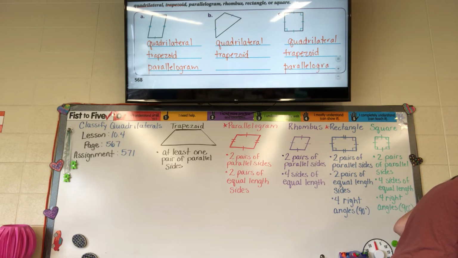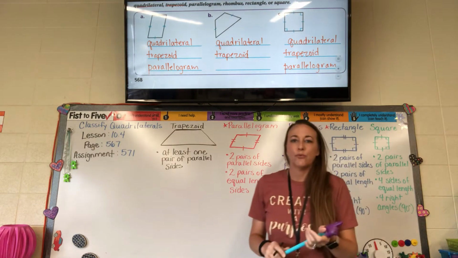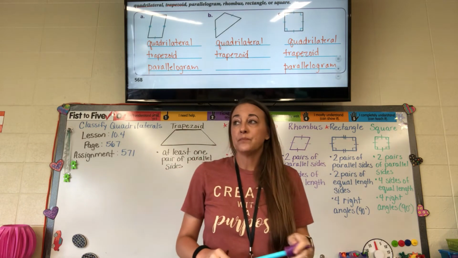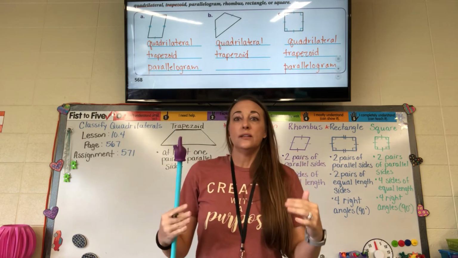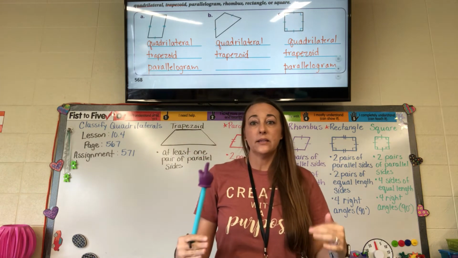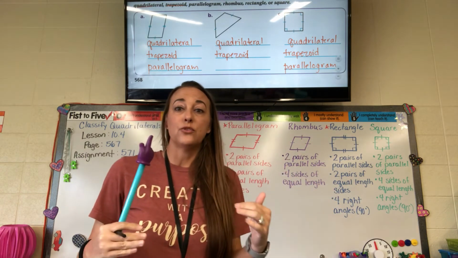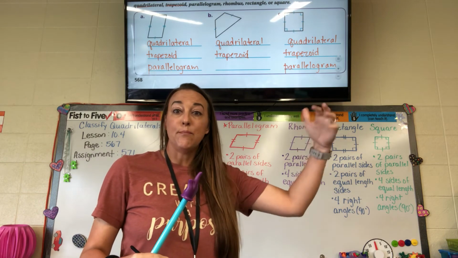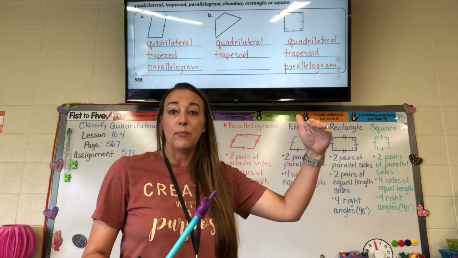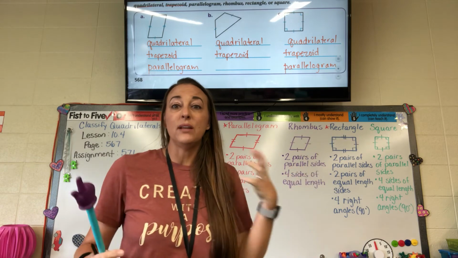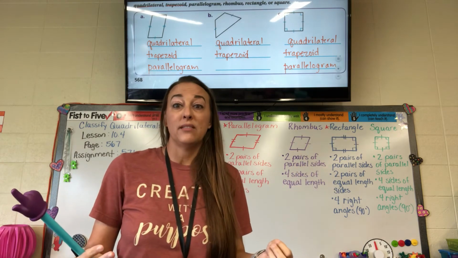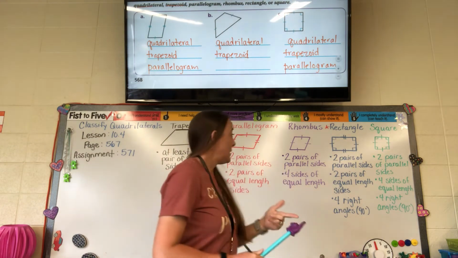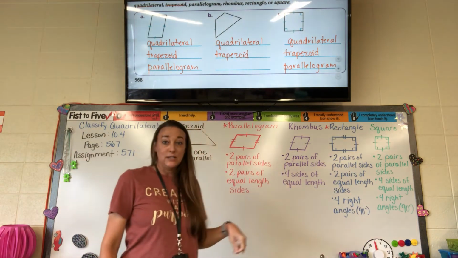Here's what you have to remember when you're classifying quadrilaterals: you just look at the guidelines for each quadrilateral and then look at the shape and say, does this meet the requirements? If it does, even if it's not something that you normally think of as a parallelogram, if it meets those requirements, it is one.